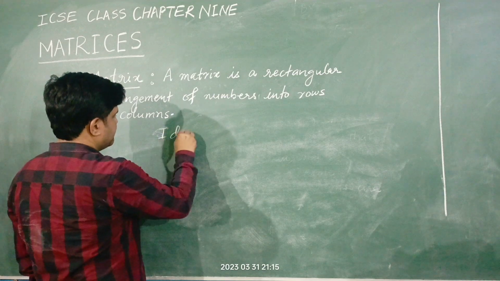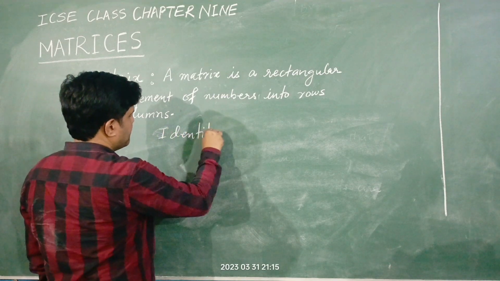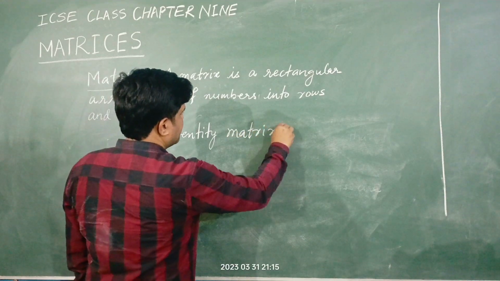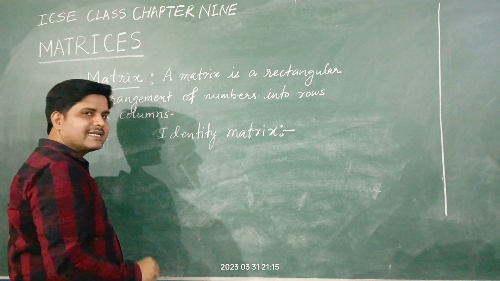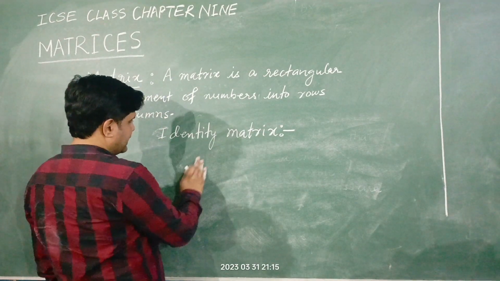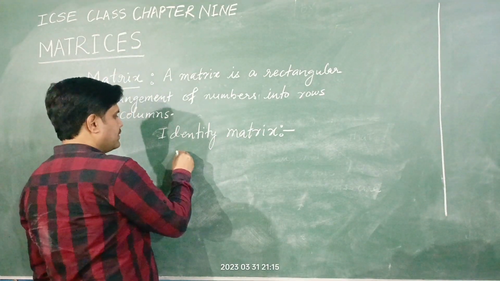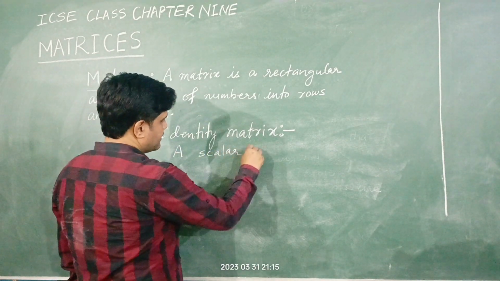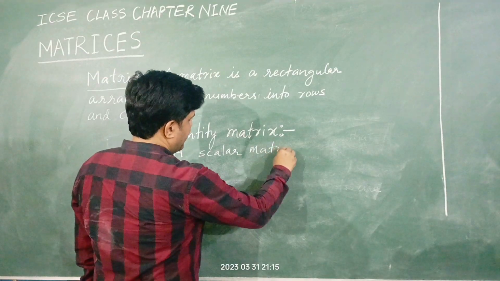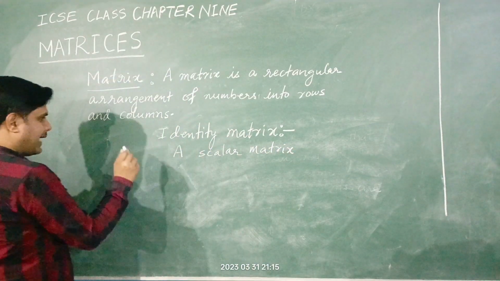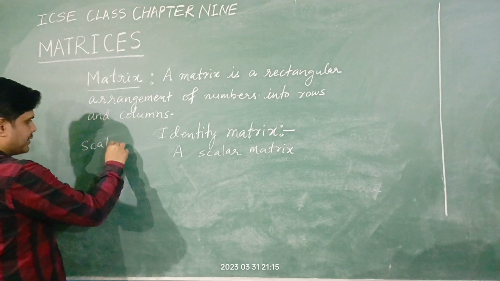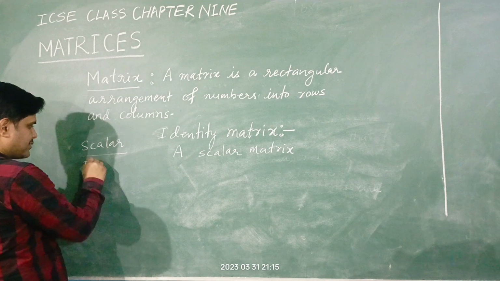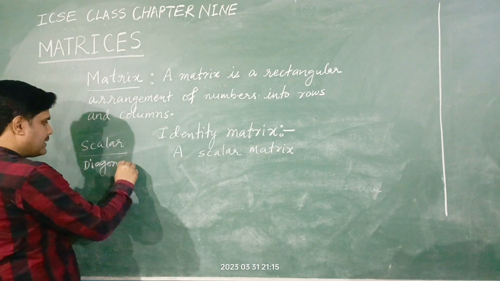Identity matrix. What is an identity matrix? An identity matrix has to be a scalar matrix. As I said, in order to be a scalar matrix, it has to be diagonal, meaning it has to satisfy the condition of being a diagonal matrix.